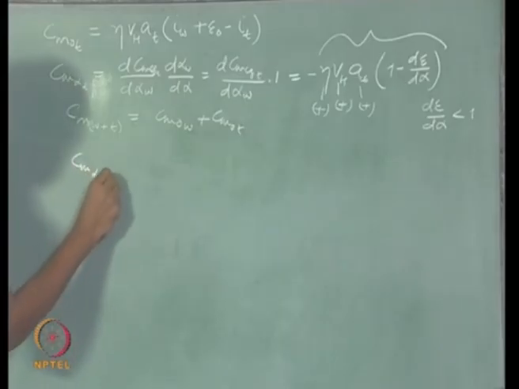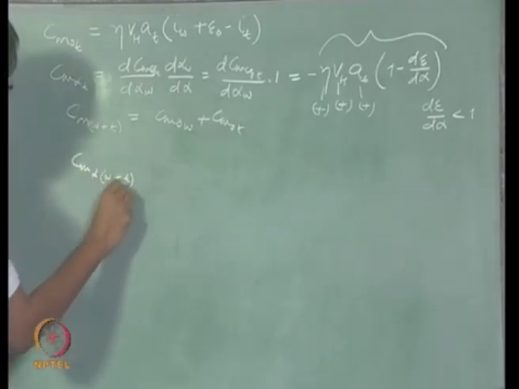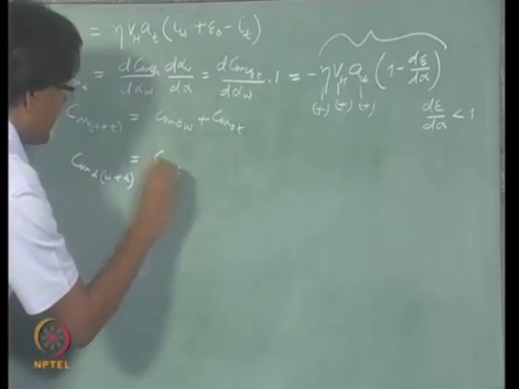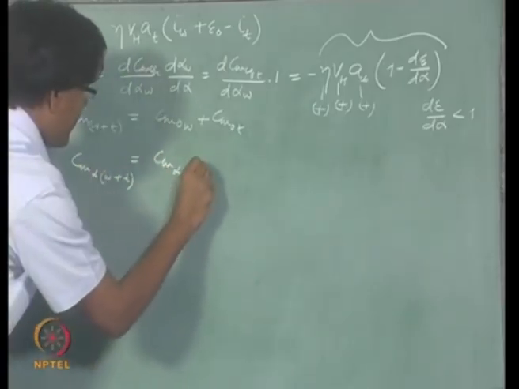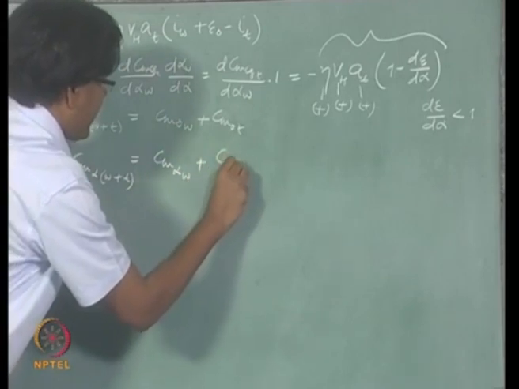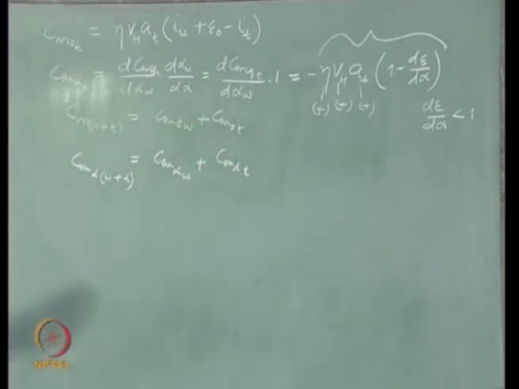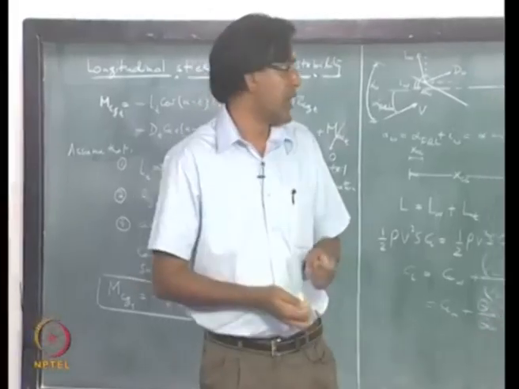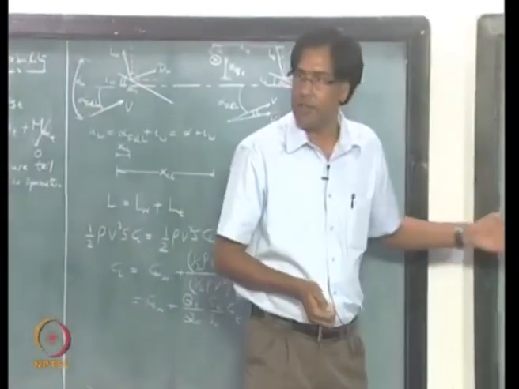And Cm alpha wing plus tail is the sum of these two quantities, right. So we can continue from here in the next lecture.